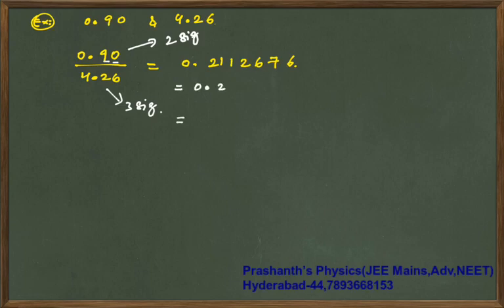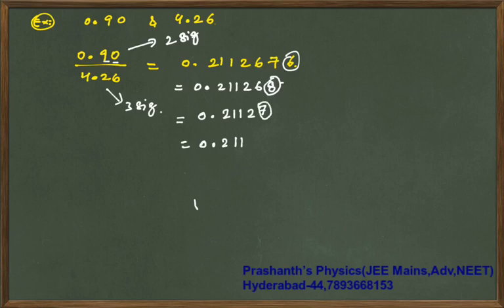So this will become 0.211268, because the 6 if you drop, that will become 8, because your 6 is greater than 5. Next, 0.21127, the 8 is also greater than 5, this will become 7. Next 0.2113, the 7 if you drop, this will become 3.